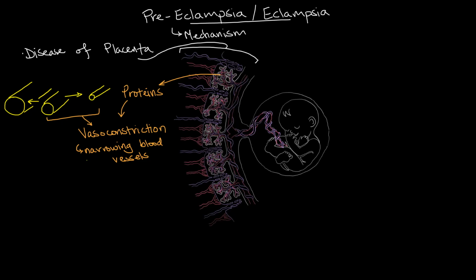Vasoconstriction is doing the same thing for the blood in your body that's moving around. Vasoconstriction increases your blood pressure. With excessive vasoconstriction all over your body, you can get hypertension, or excessive high blood pressure.